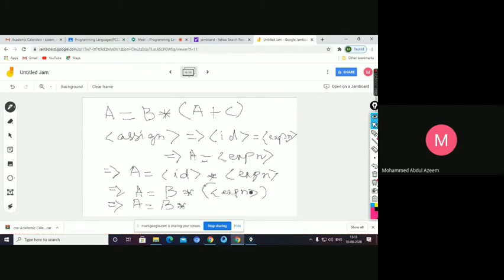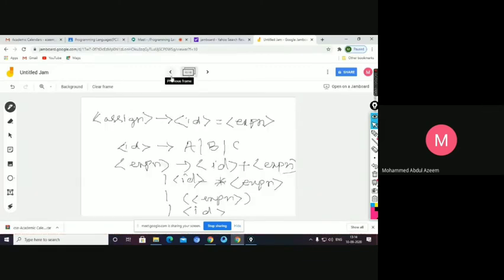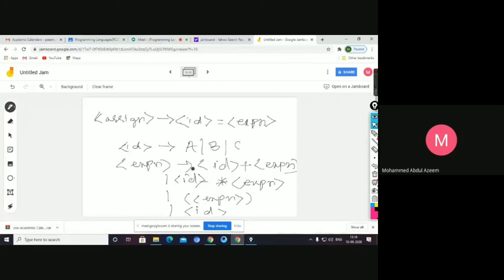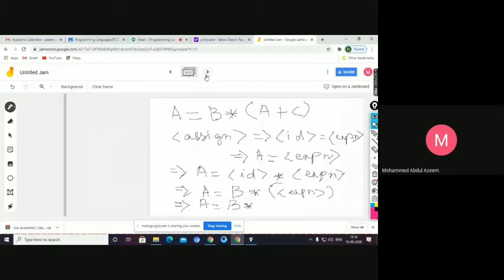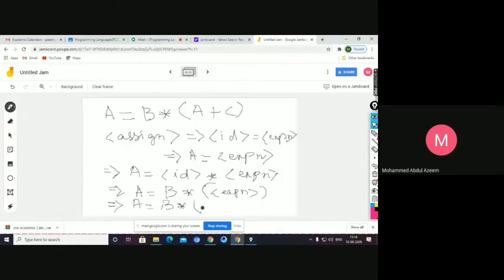For this expression I am taking the definition of plus because I need to get A plus C there. So I can go with this definition now for the expression enclosed in parentheses. I'm taking the definition of ID plus expression.